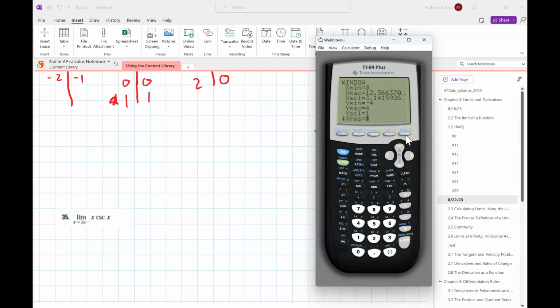So I'm going to start just with this window to get a look at what's going on. So this is 2 pi right here. Okay. I don't think I got big enough here. Let's make this 10s maybe. There we go.